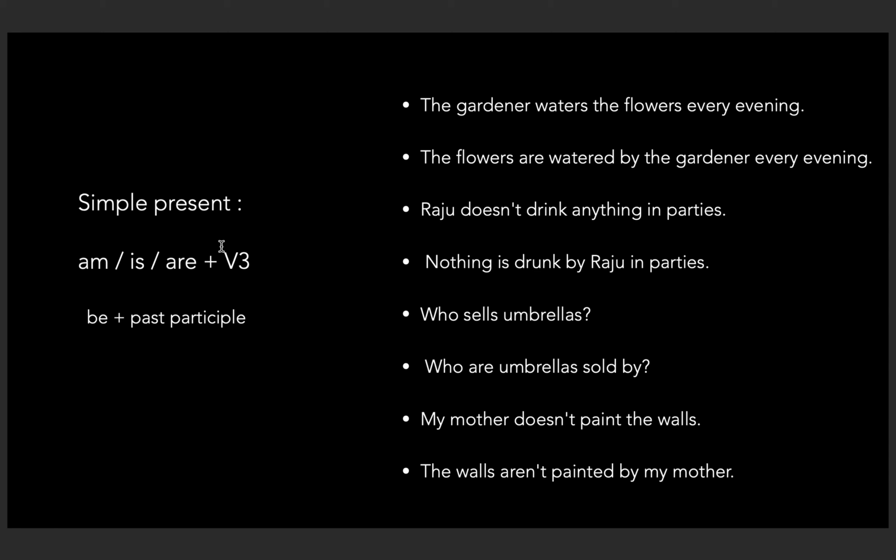We took are because, as per flowers, the matching auxiliary verb should be are. If it is flower, we will take is. You must be aware of that. Watered is the V3 form of water, by the gardener every evening.